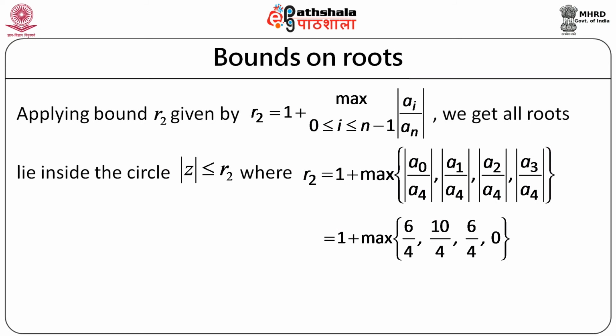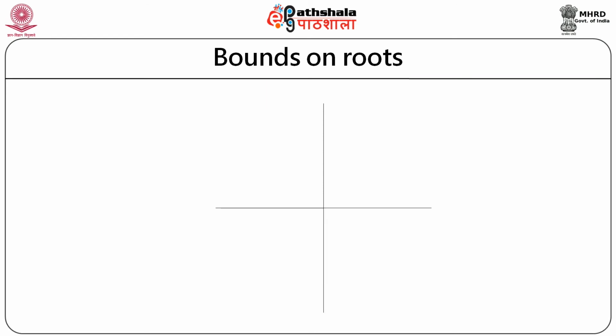So, it gives us the absolute values 6 by 4, 10 by 4, 4 by 4, 0, and the maximum is 10 by 4. So, it is 1 plus 10 by 4, 10 by 4 is 2.5. So, the answer is 3.5. So, the result is that at least one root lies within a distance of r1 and all the roots lie within the distance of r2, given by 3.5.